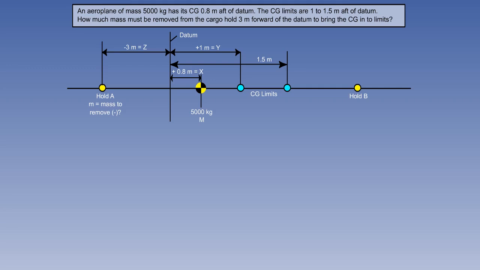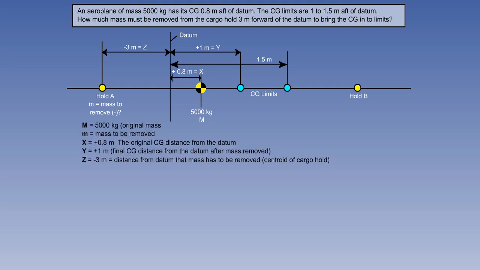The sketch contains all of the data in question, including the unknown mass to be removed, little m. Start by giving the values from the question to the letters used in the formula, big M, X, Y, Z, with the unknown being little m.